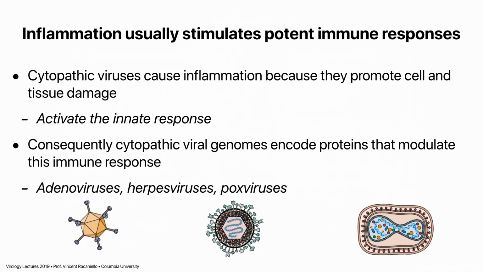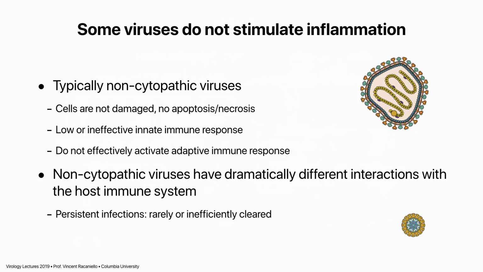So they're activating the innate immune response. And that's why these viruses that are cytopathic, like adenoviruses and herpes viruses and pox viruses, they encode proteins that modulate the immune response, because they're killing the cells that's inducing inflammation because of the viral proteins that are being released and sensed. There are some viruses, however, that do not stimulate inflammation.